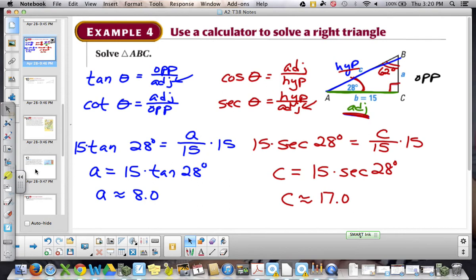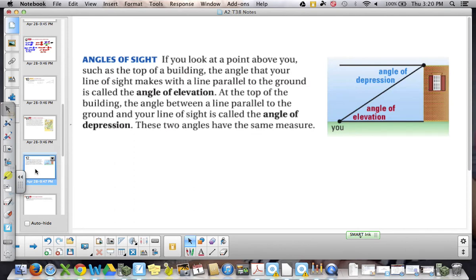All right, now when we get into word problems with these types of situations, we need a couple of vocabulary words here: angle of elevation and angle of depression. The angle of elevation is if you're standing on the ground here and you're looking up at a point up here, that would be your angle of elevation to that point.